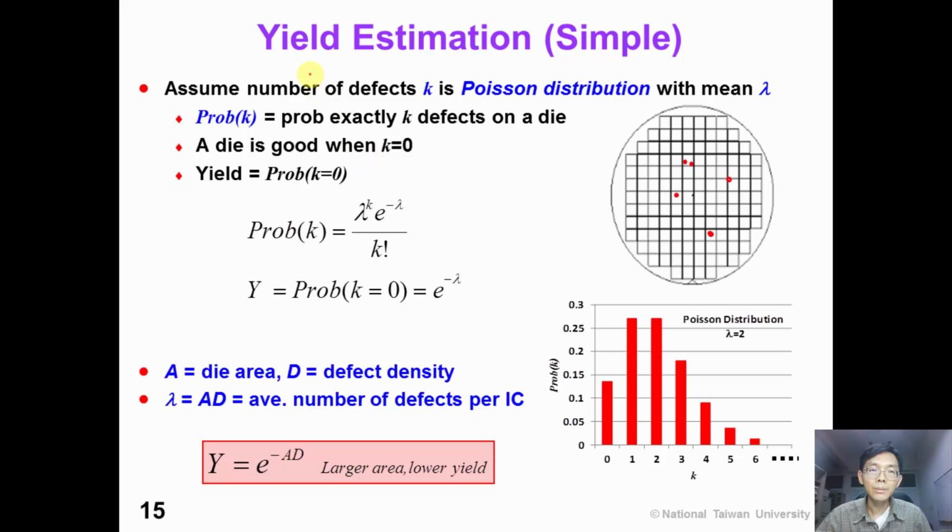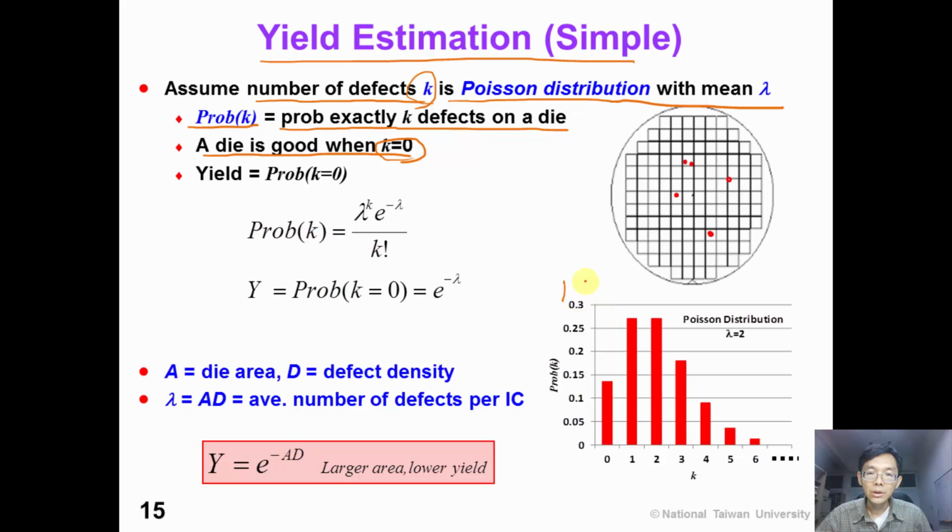We can use a simple model to estimate the yield. Assume that the number of defects K has a Poisson distribution with mean lambda. So the probability of K is equal to the probability of exactly K defects on a die. A die is good when K is equal to 0.